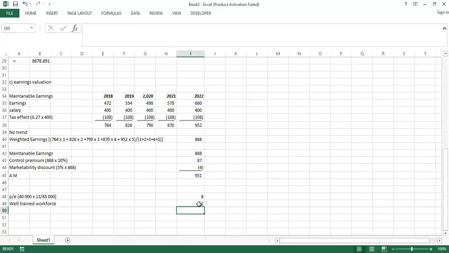I'm going to go with 2 here. Then let's say there's a problem of high employee turnover. It means that a lot of employees are leaving, so we can put that as a negative. This is very bad, let's say -3.